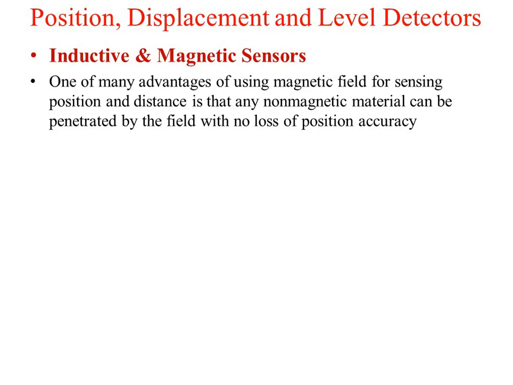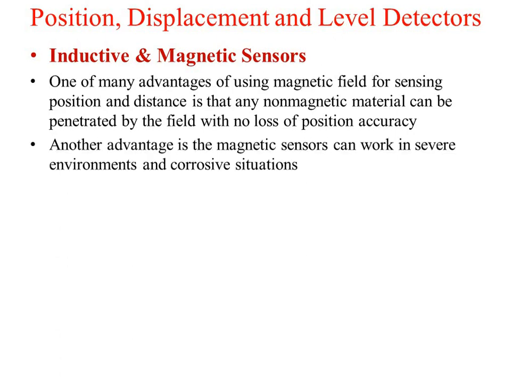There are many advantages of using the magnetic field for sensing position or distance. Any non-magnetic material can be penetrated by the field, and there will not be any loss of position accuracy. So for non-magnetic material, you can also check the position with the help of such fields. That is the advantage of inductive and magnetic sensors.